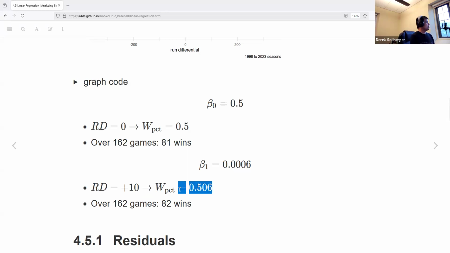If we multiply that 0.506 by 162 games, we expect that team to win 82 games. And this is a curious point that run differential 10 increased the expectation from 81 to 82, namely increased the expected value by 1 win.